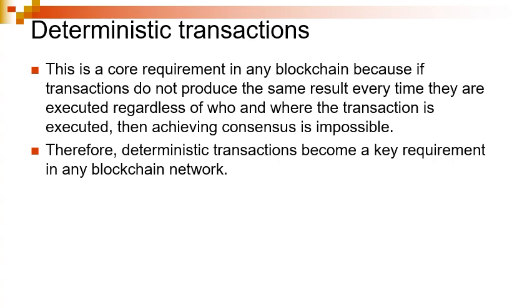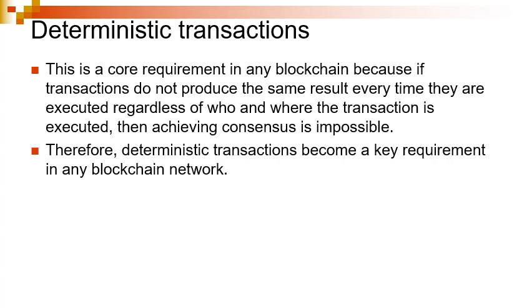So this is the meaning of deterministic. Deterministic transactions are a core requirement in any blockchain, because if transactions do not produce the same result every time they are executed, regardless of who executes them and where, then achieving consensus is impossible. If different machines, different nodes, are providing different results, then achieving agreement between the participants becomes difficult.